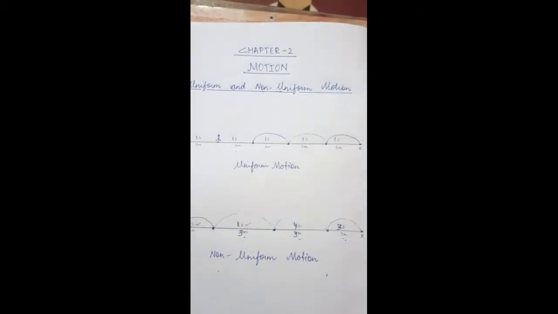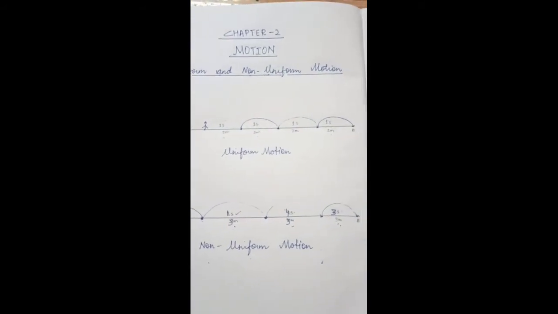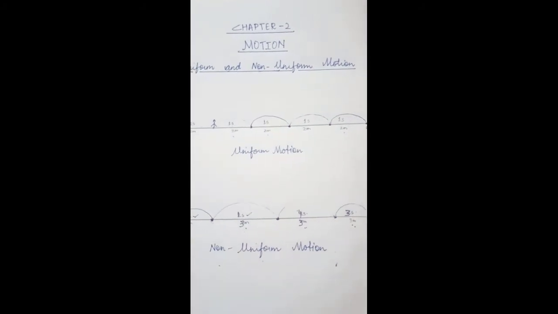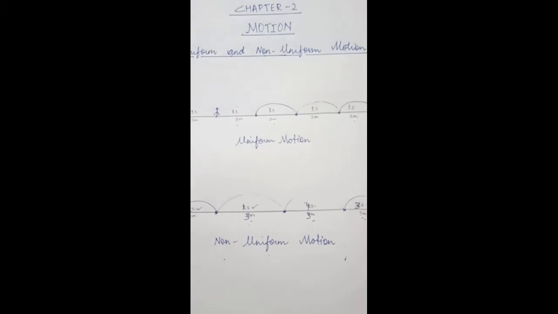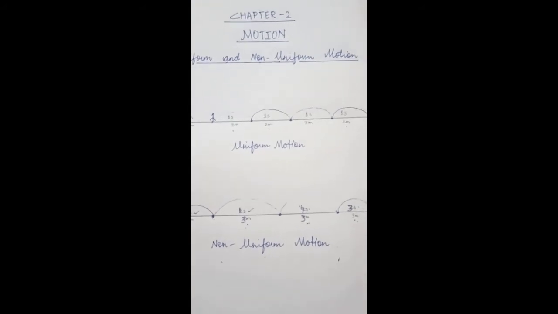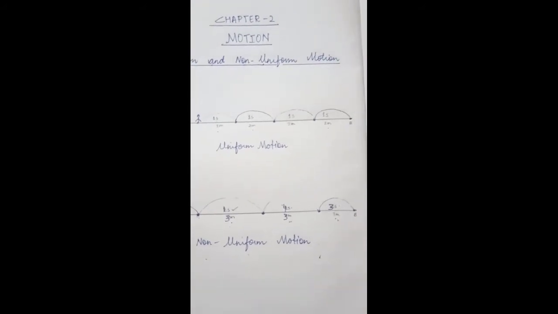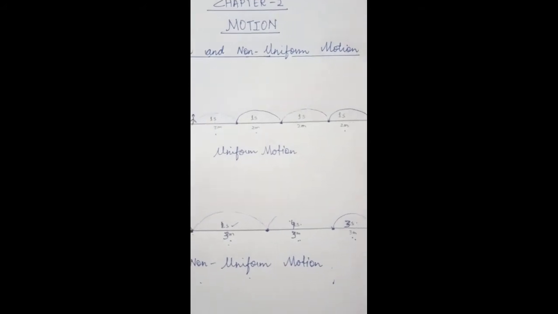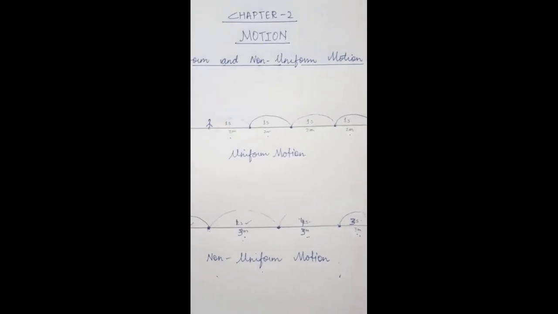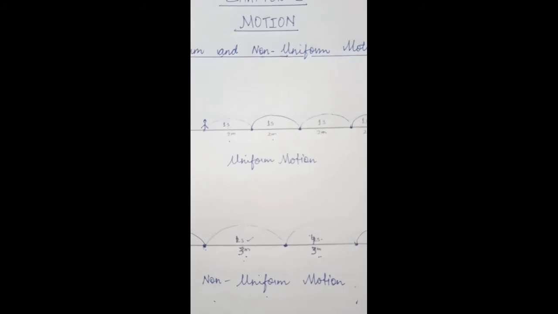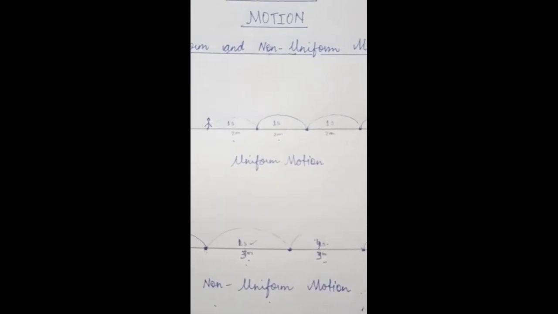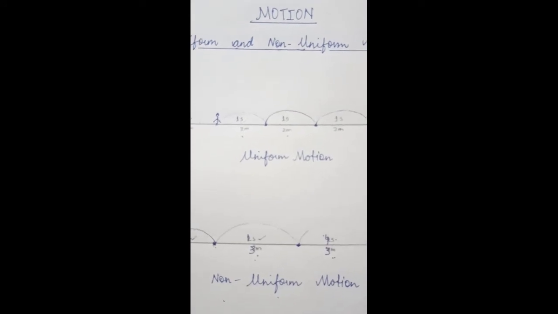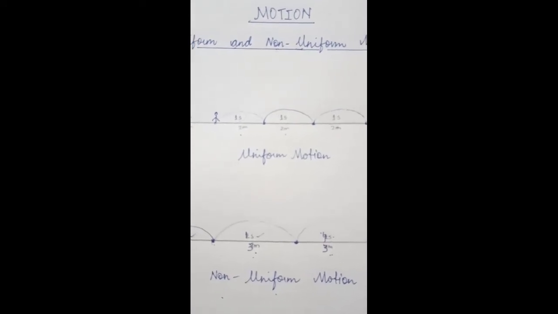And in a non-uniform motion there can be a change in direction. But in uniform motion there is no change in the direction of motion. So a non-uniform motion is when an object or a body covers equal distances in unequal intervals of time, or unequal distances in equal intervals of time, or there is any change in the direction of motion.